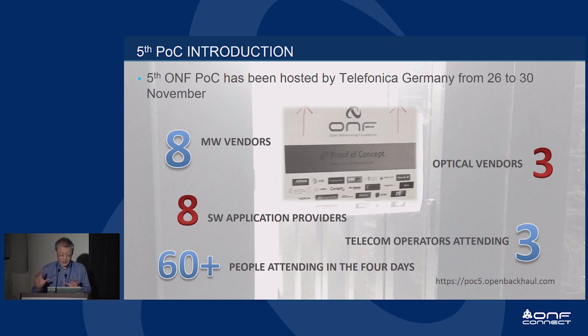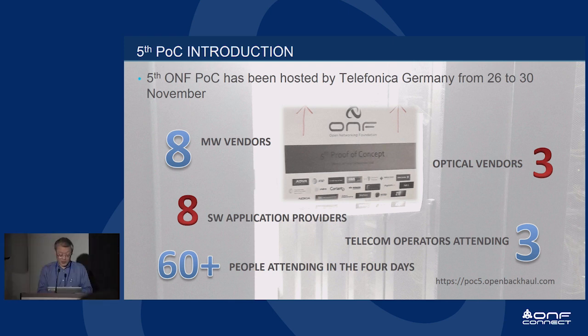As I said, we had 5 proof of concepts as of the beginning of the year, but the last one was really a variation on the 4th proof of concept. So this now is considered the 5th proof of concept, and it was held in Munich, Germany last week.